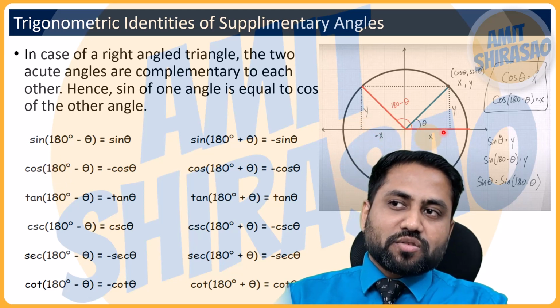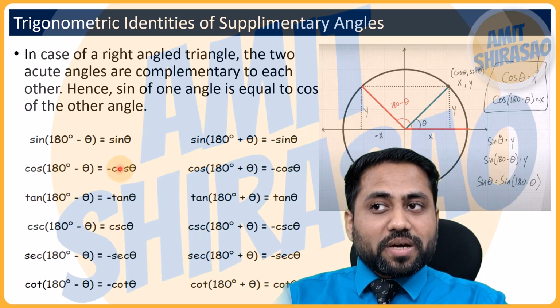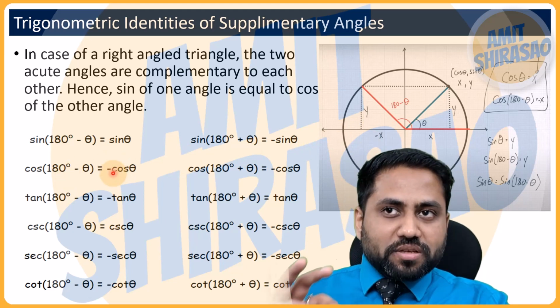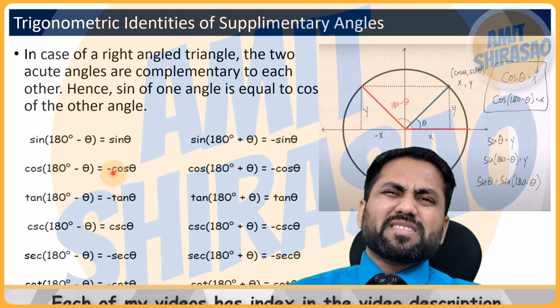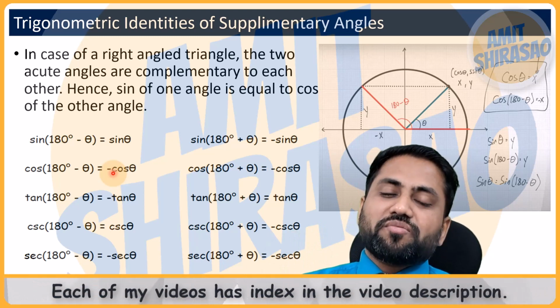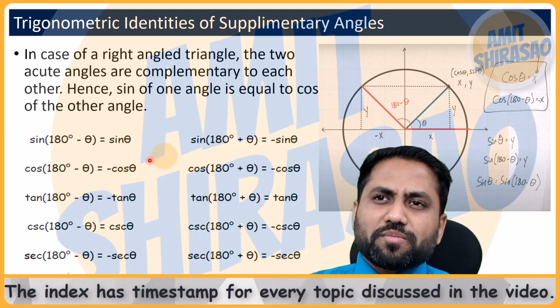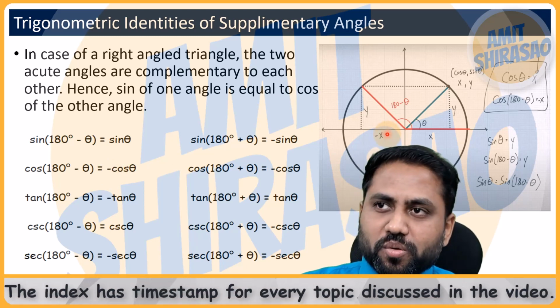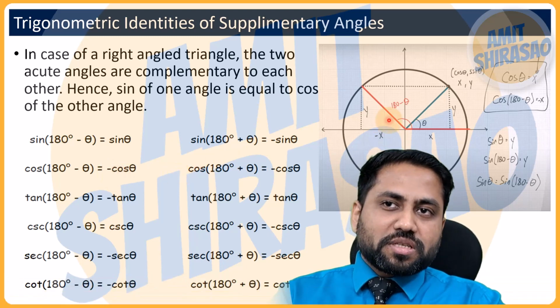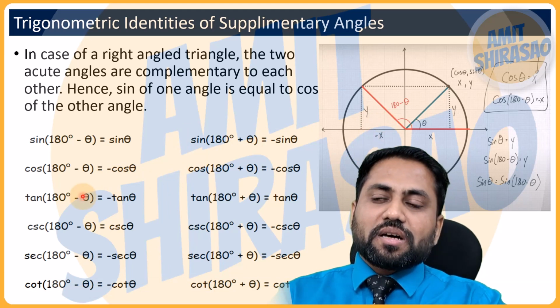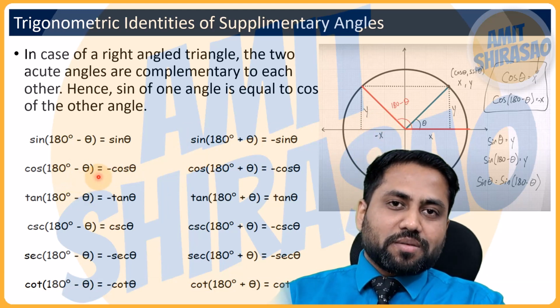Okay, and in the case of theta, it is plus x, but in case of 180 minus theta, it is minus x. That's why here the minus sign comes. Okay, even if you remember this much, or at least remember the logic by which I was saying it, even if you don't understand the logic completely, it's okay, absolutely fine, but remember what I said. Okay, and that's why in the case of cos, since x is negative, this negative sign is coming.